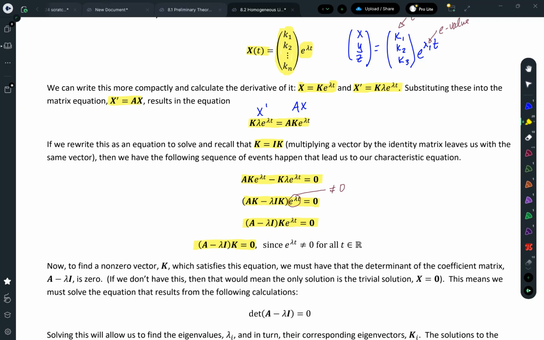This principle goes back to what we covered when solving the general eigenvalue problem, but the idea is that we're not interested in k, the eigenvector, being 0. That would be a trivial solution. So we are not interested in k equals the zero vector.